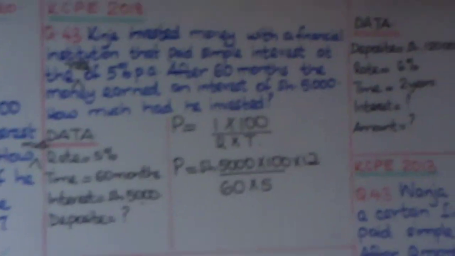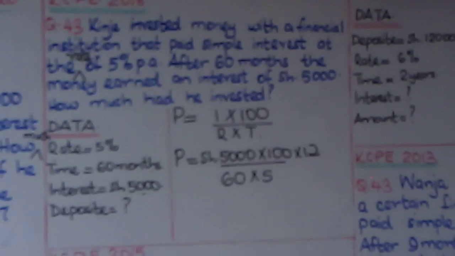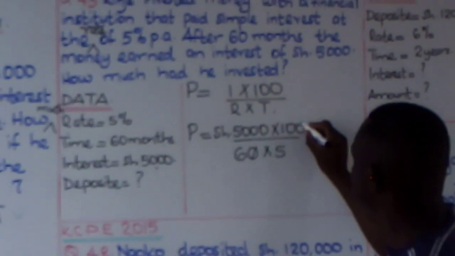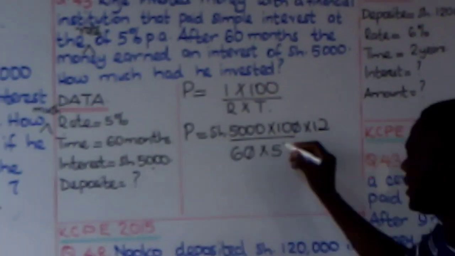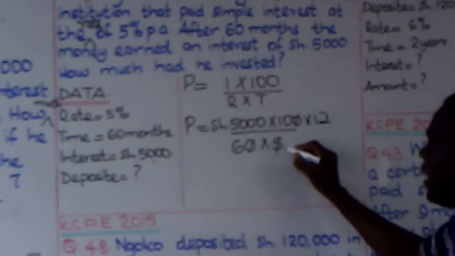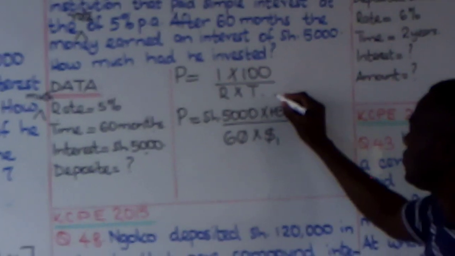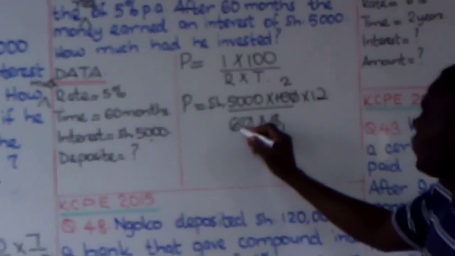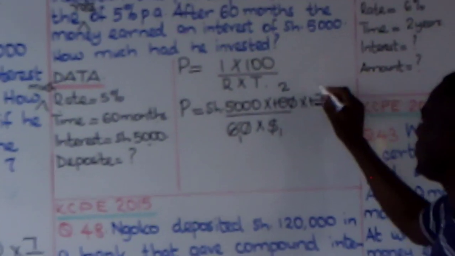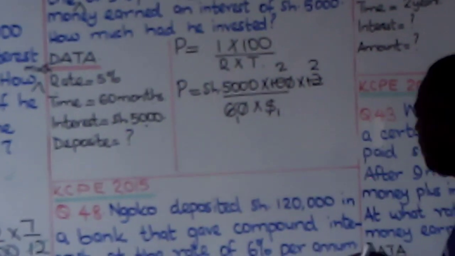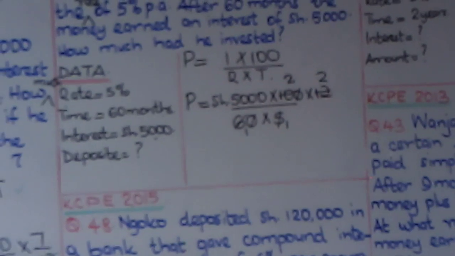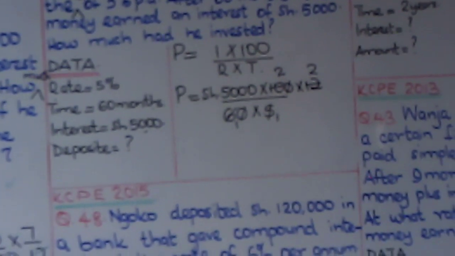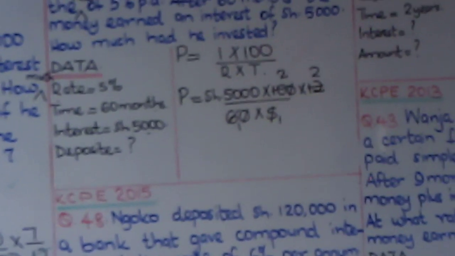Now we want to cancel. That 0 goes with that 0. That 5 by 5, 1 by 5, 2. By 6, 1 by 6, 2. Now we have 5,000 times 2 times 2.